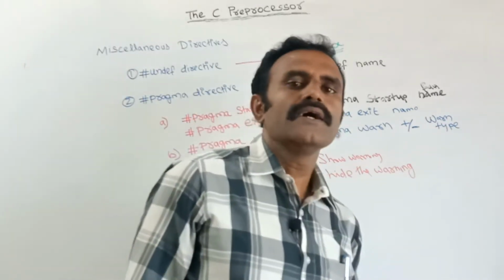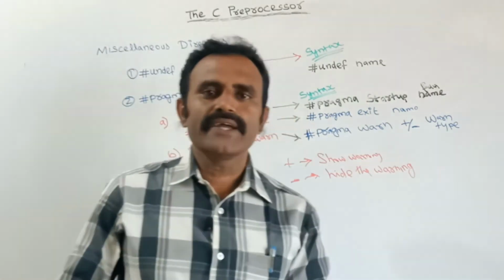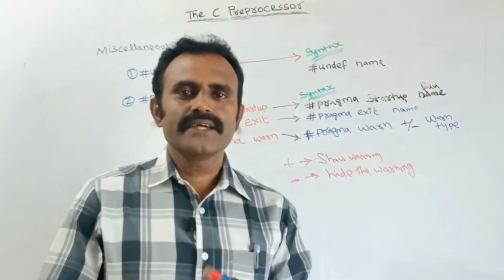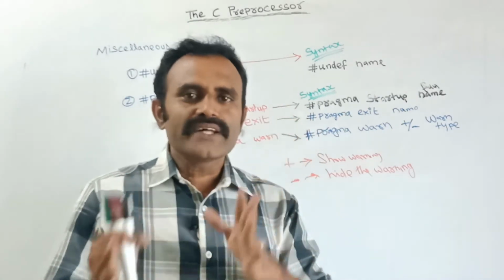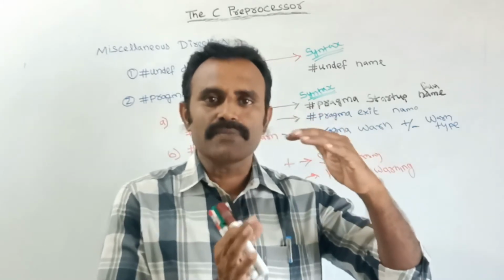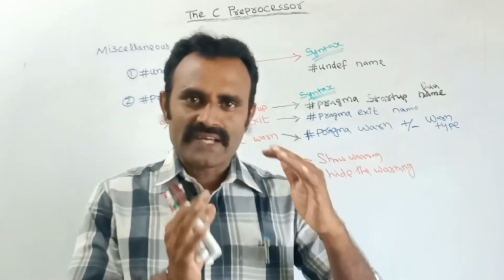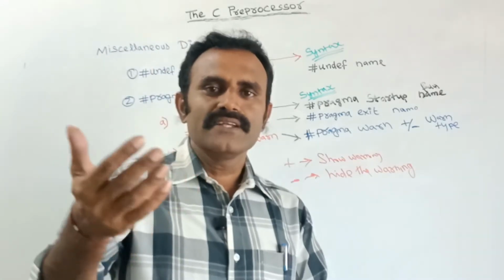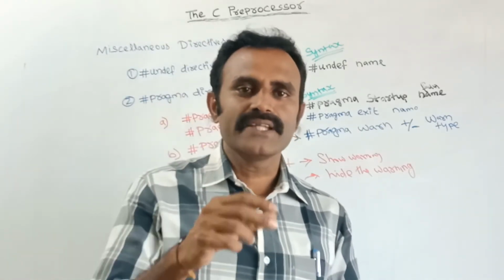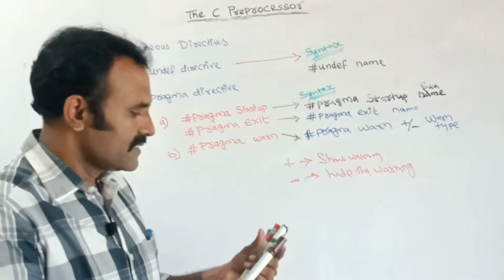Let us see some of the warning types here. For example, if I am creating a function whose return type is integer, and I forget to return the value inside the function definition, then the compiler will show me the warning. Suppose I want to hide the warning given by the compiler, then with the help of this pragma warn, I can give the syntax like this.